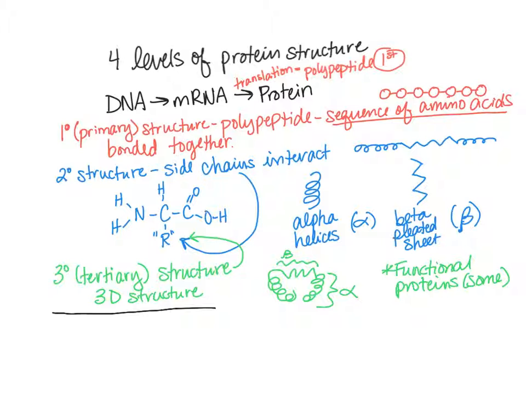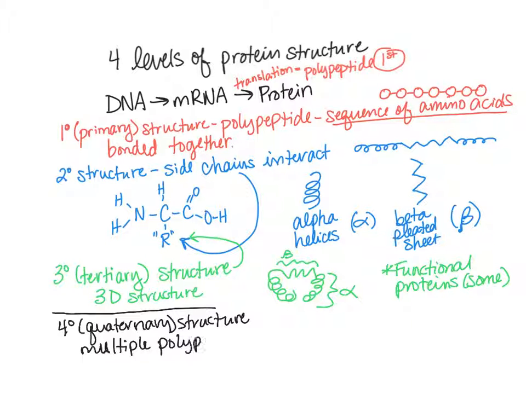Now, in other cases, we might have a quaternary structure. And the quaternary structure is where multiple polypeptides come together to form a functional protein.